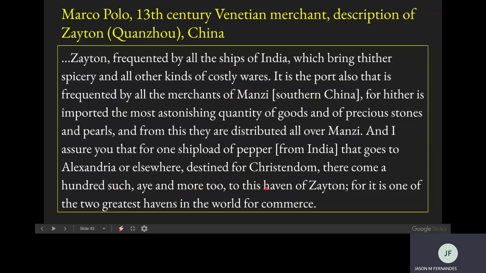So you see the definite effect of this population growth, the desire for luxury goods like pepper and other food products. He says it's one of the 2 greatest havens in the world for commerce, right? So being connected to this Indian world system, really, really radically transforming the way these cities operate, right?